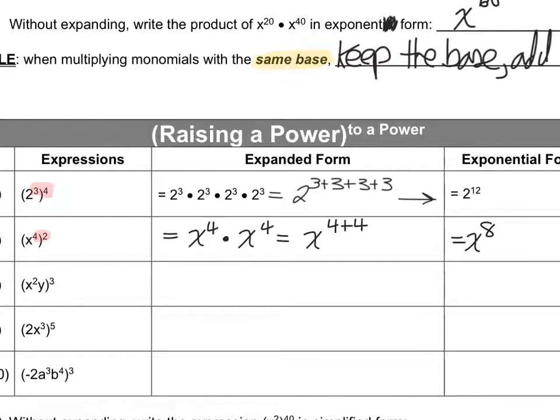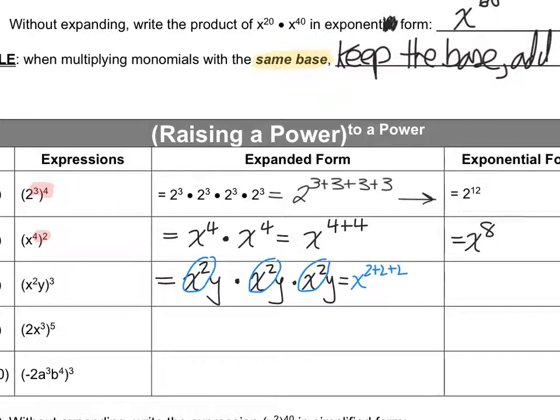But then we could throw in a little wrinkle here. We throw in a new variable, x squared y cubed. So 3 times, x squared y, x squared y. What we'd have to do here is keep the base, add the exponents for the x's, x to the 2 plus 2 plus 2, and then do the same thing for the y's, so times y to the 1 plus 1 plus 1.